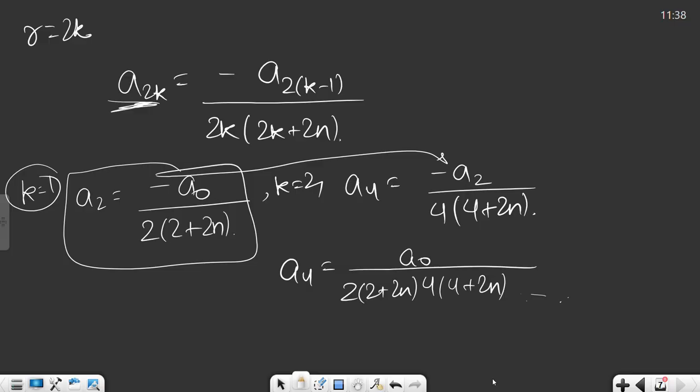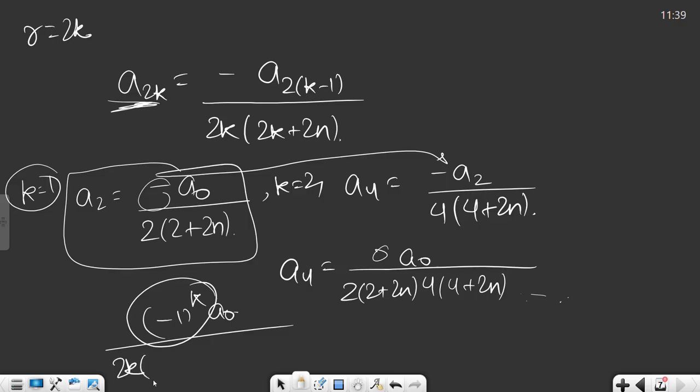Okay, let's just do this, right? Our first term is negative and the second term is positive. So it's something like negative 1 to the k, and a naught is common, so it's good. And then the denominator part is like this: 2k times 2k plus 2n times 2k minus 2 times 2k minus 2 plus 2n, and that just keeps going.